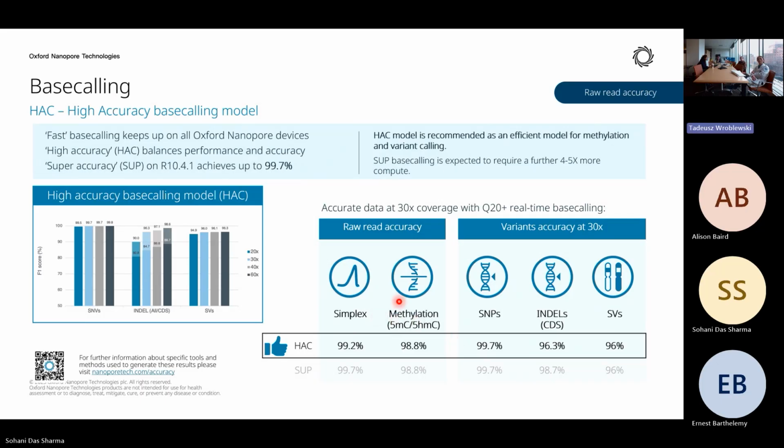For methylation calling, if you use HAC, it is 98.8%. If you use SUP, it is 98.8%. So there is no difference. For SNP calling, there is no difference. Now, if someone is interested in indels, then there is some difference, and at that time, I think re-base calling using the SUP model will benefit us. Otherwise, HAC is probably quite okay for doing all the cfDNA-based sequencing.